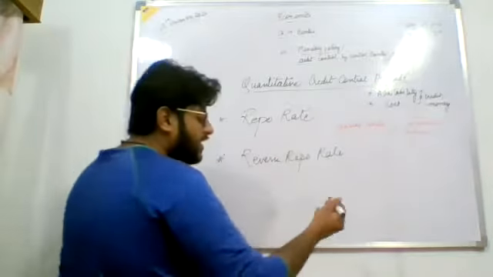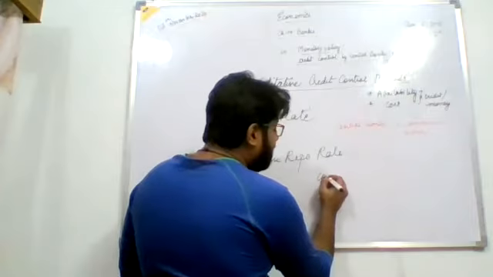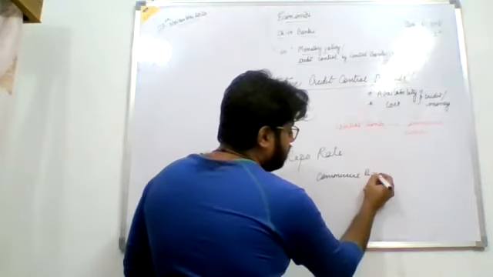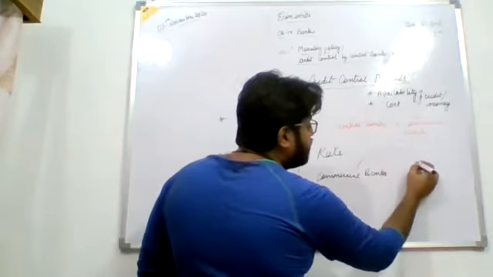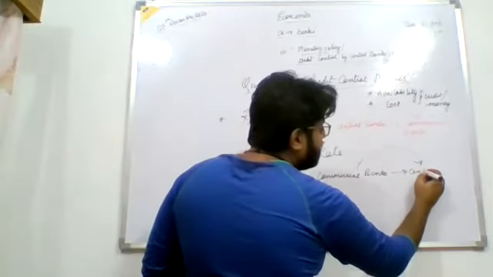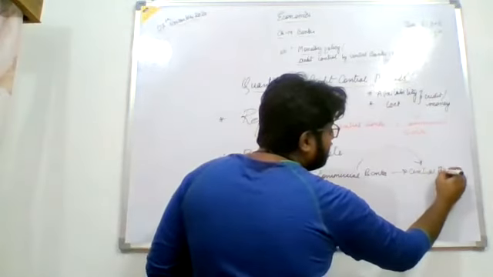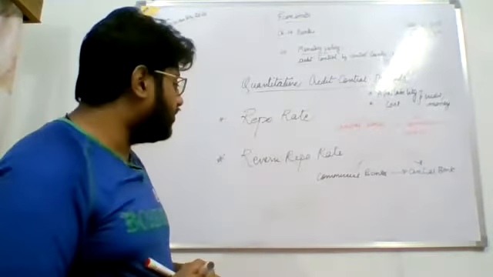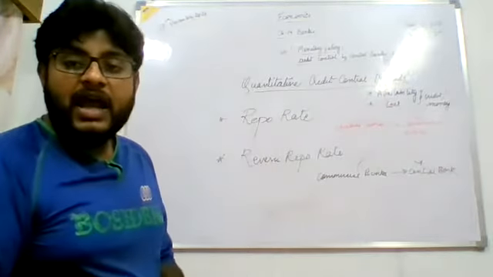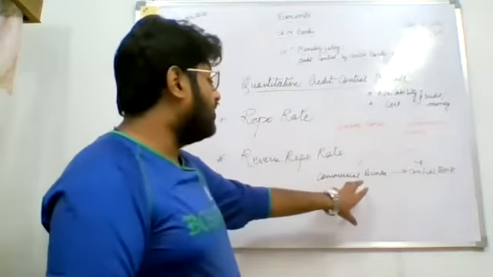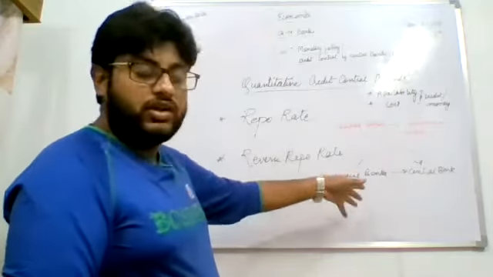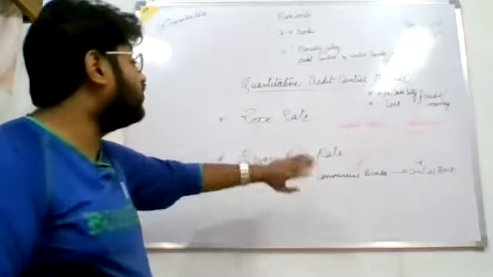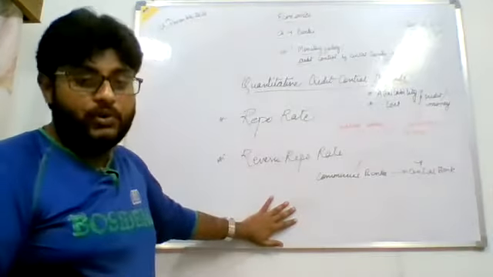The opposite thing happens: these commercial banks give loans to the central bank. Reverse repo rate is that interest rate at which the commercial banks give loans to the central bank, just the opposite of what was happening in the repo rate.